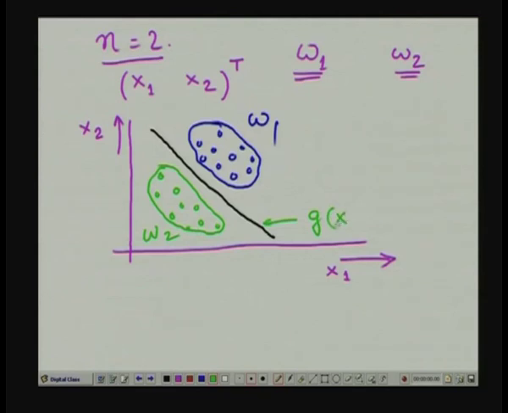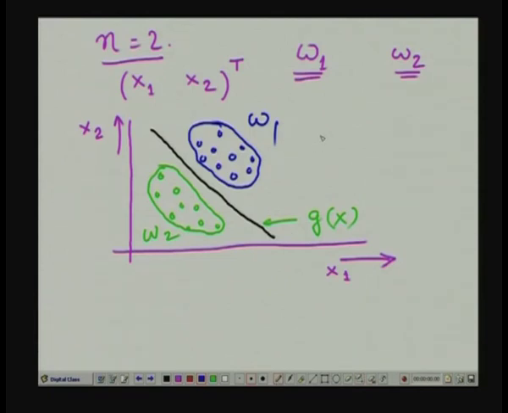I call it g x, such that for any point or any vector, let me use some other notation because otherwise it will be confusing. So, let me represent them by superscript.